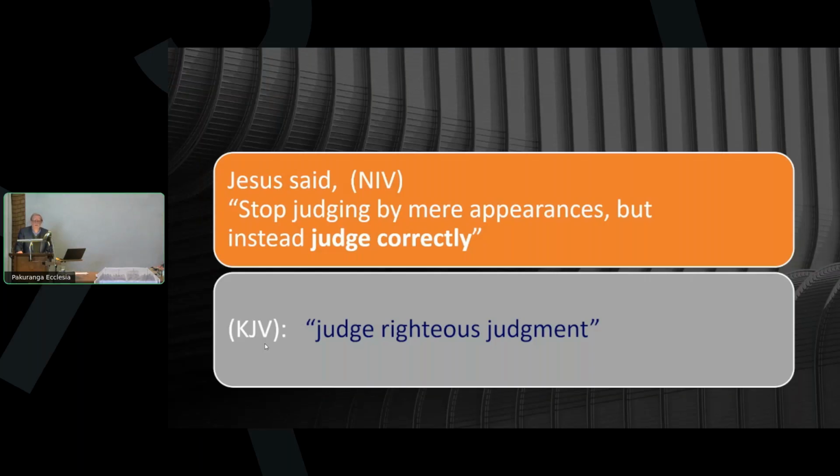Jesus said, don't judge just by appearance, but judge correctly. Or the King James says, judge righteous judgment. So we have to make judgments, but it's about things, not about people. Jesus bore the weaknesses of each of us silently.